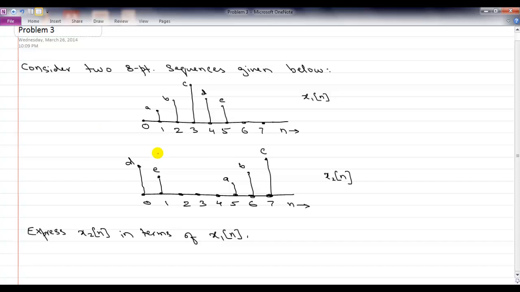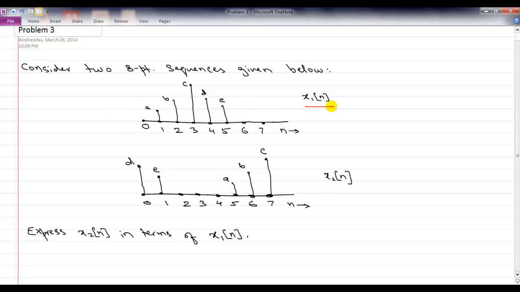So having done a few of the DFT exercises, which gives us the main tools that we use for computing the DFT and the relationship between the DTFT and the DFT, let's now move on to other properties that we have studied while doing the DFT. So this is an example which says you are given two 8-point sequences.